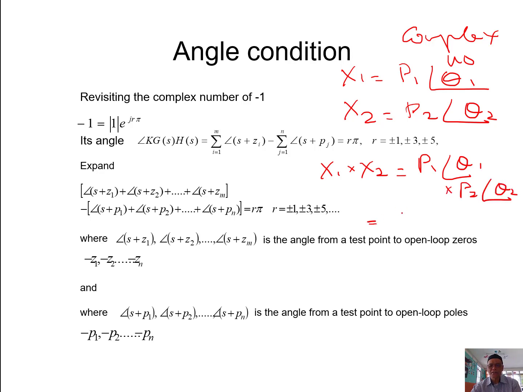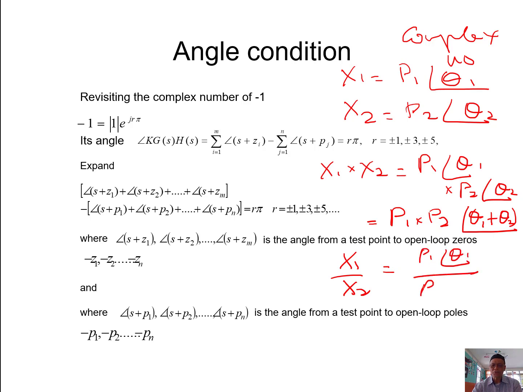The magnitude is P1 multiplied by P2, and the angle is just the sum of theta 1 plus theta 2. This is the theory of complex numbers. And if you have a division of complex numbers, P1 angle theta 1 over P2 angle theta 2, it results in a value of P1 over P2, and the angle, since it's a division, is the difference, theta 1 minus theta 2.